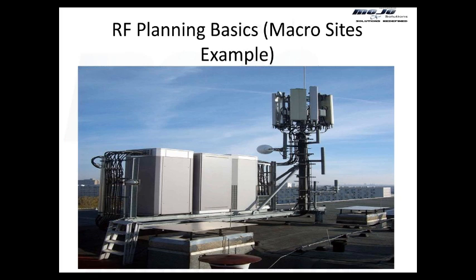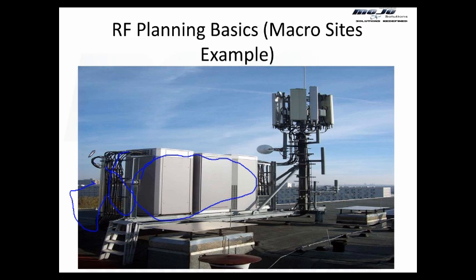Best case scenario. This is another example of RF basics. I want you to understand what you are looking at, as an RF engineer, when you look at the site. It's very important. So I will again explain what is what on the site. These are our cabinets. You see these feeder cables coming out of those cabinets.